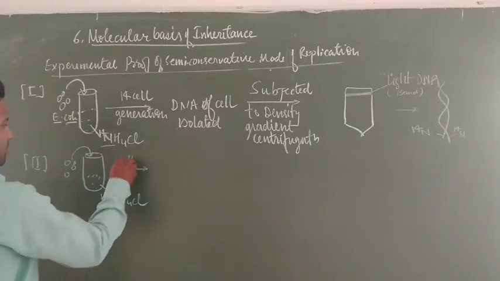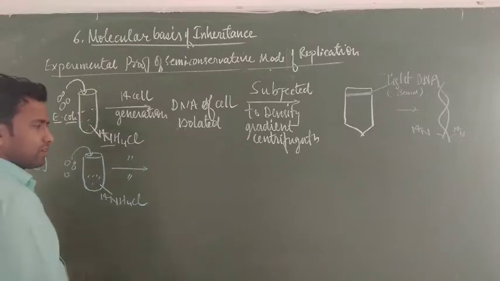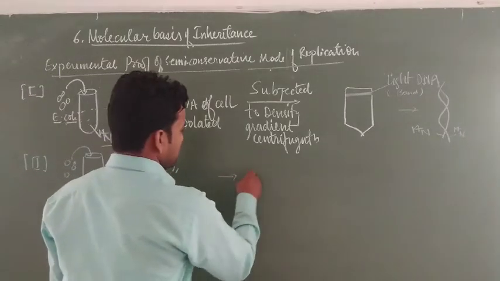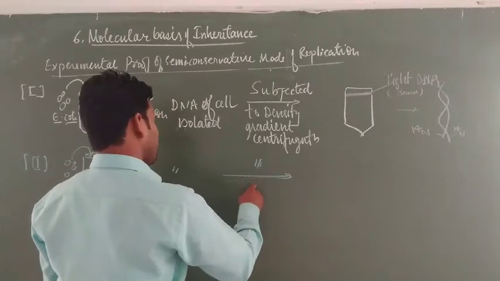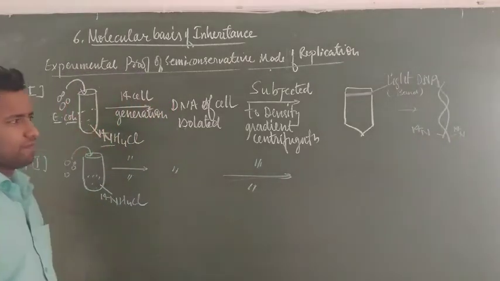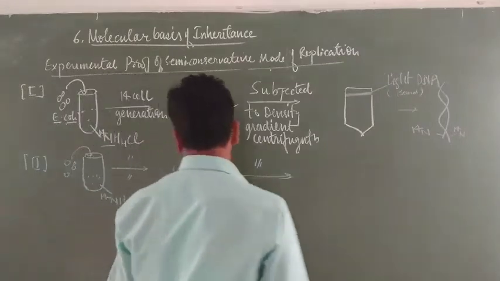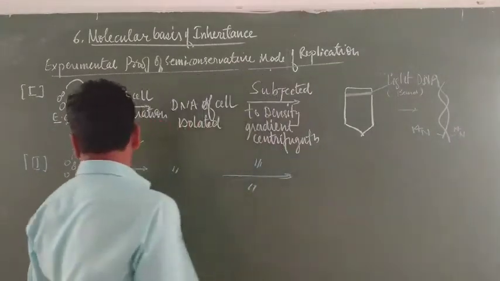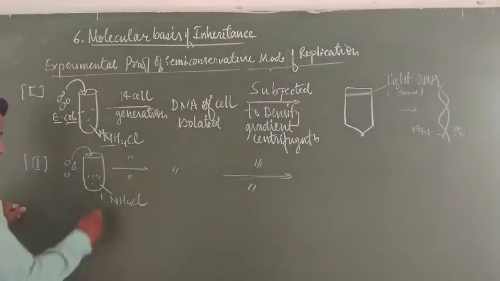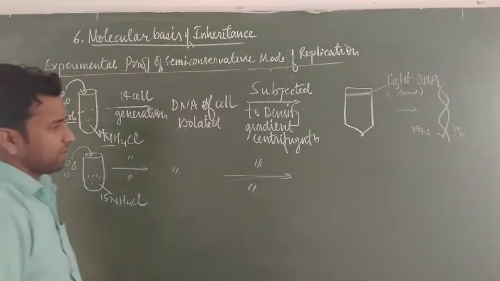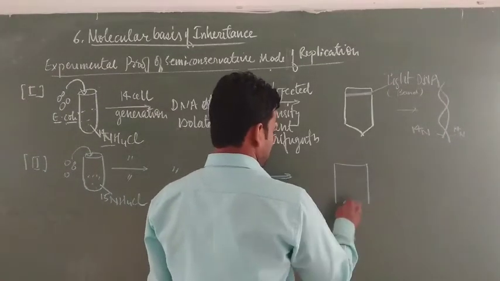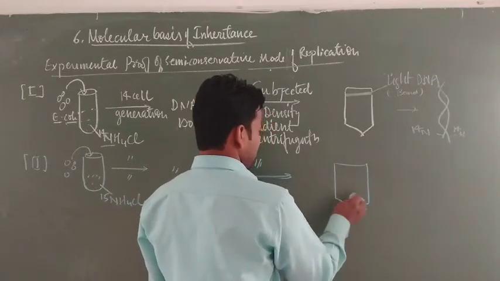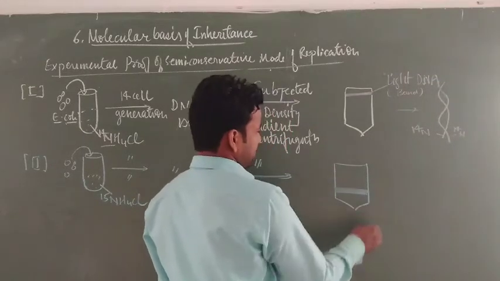In the same way, cultured for 40 generations, DNA is isolated and subjected to density gradient centrifugation, and they observed that, due to labeling with N15 heavy nitrogen, the DNA is labeled with N15.